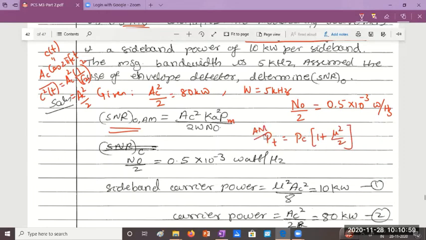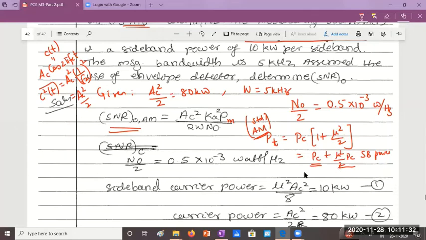For standard AM, the total power in the final signal is carrier power into 1 plus mu square by 2, or I can say Pc plus mu square by 2 into Pc. So this will represent the carrier power. This will surely represent the sideband power. So this is the power in both sidebands put together, right?